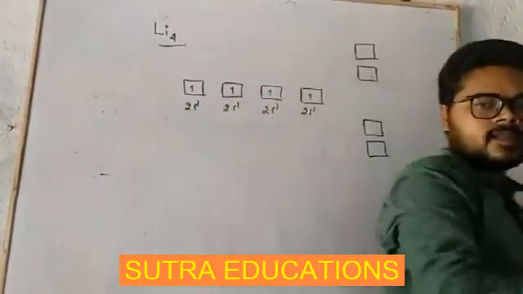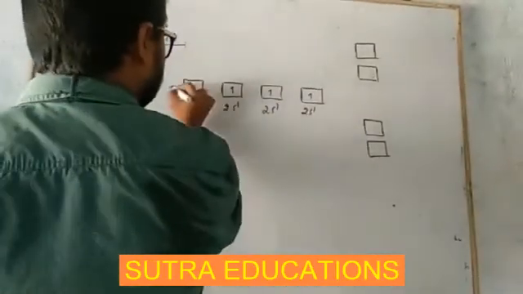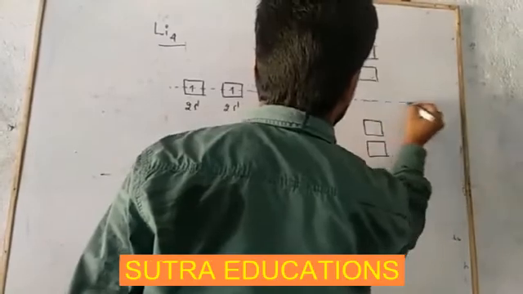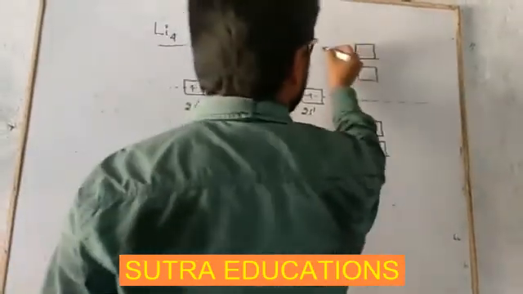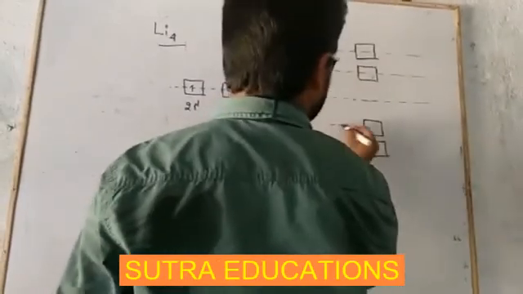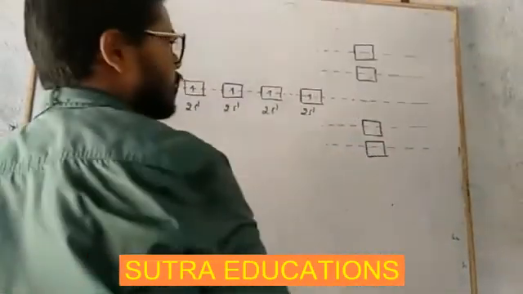So energy level I am just writing. This is the energy level of the atomic orbitals. These are the energy levels of the anti-bonding, and these are the energy levels of the bonding molecular orbitals.